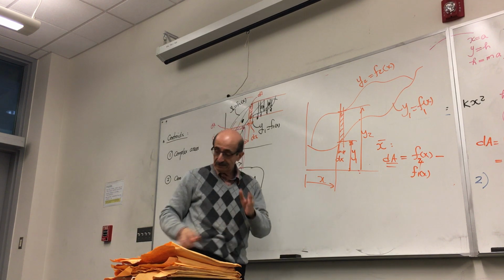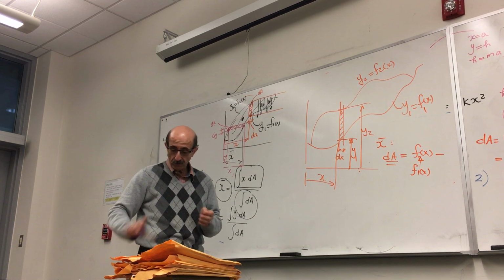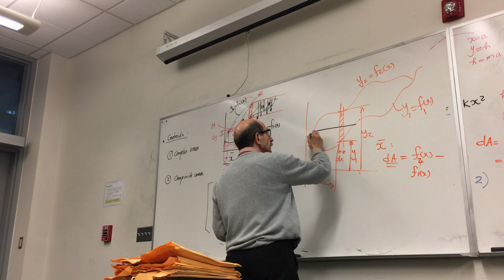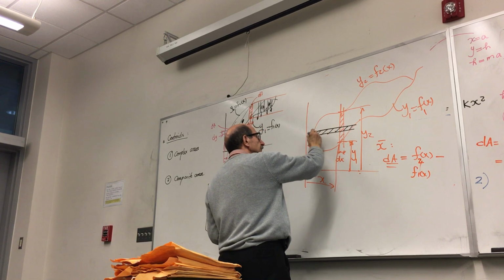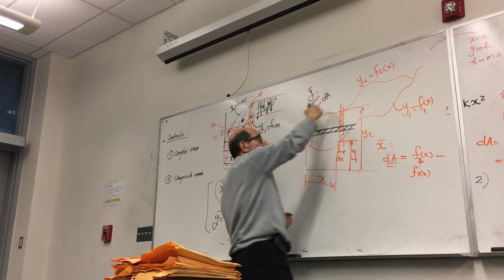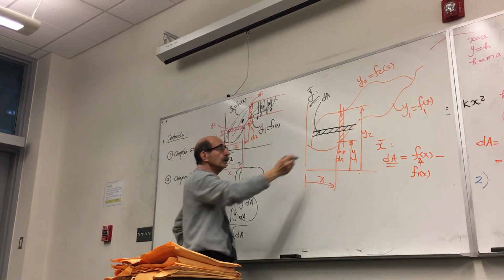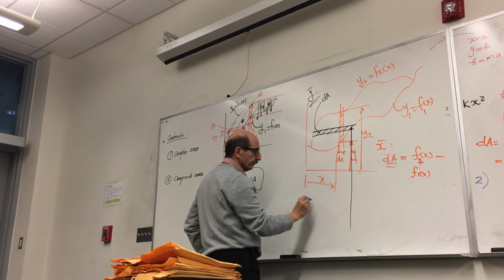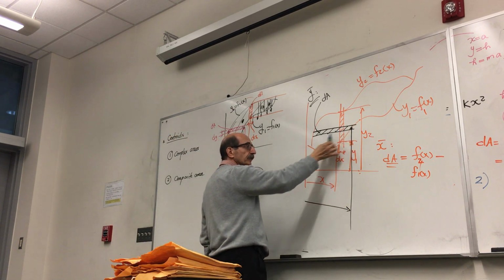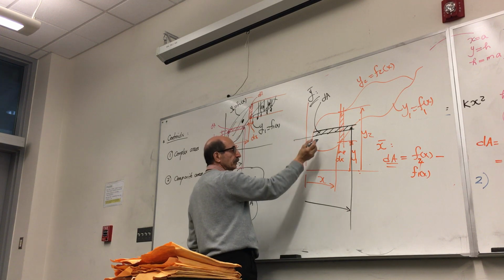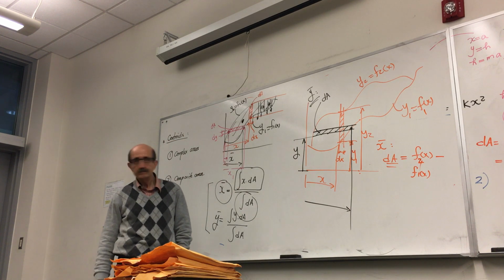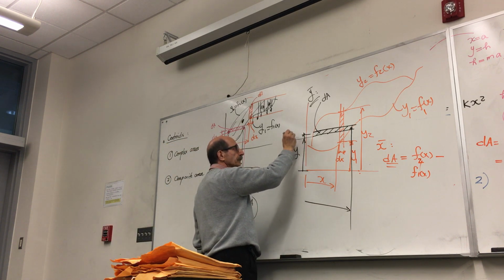But for the case of y bar, you consider a differential element that is like this. This is your differential element for y bar. What is this? This is the x value, because you're considering a general distance y, and this is dy.